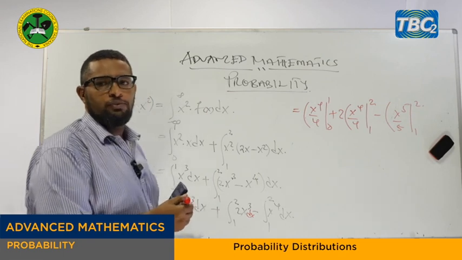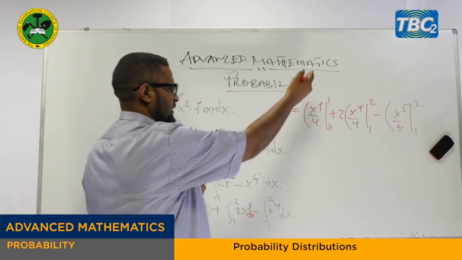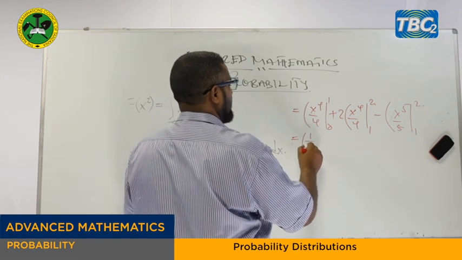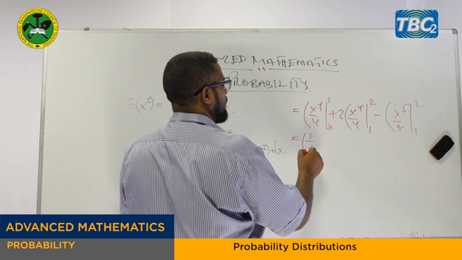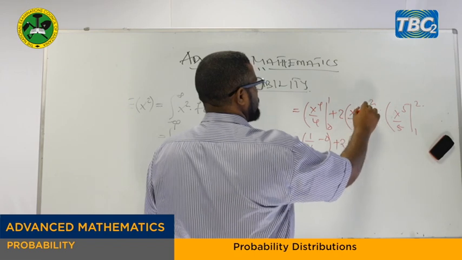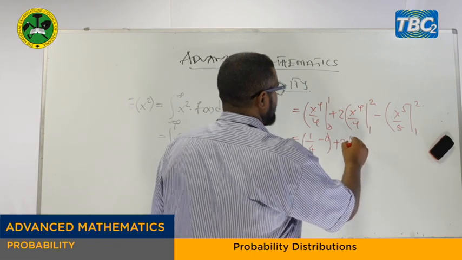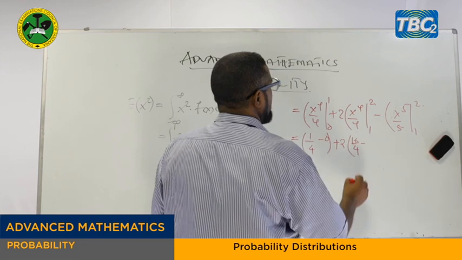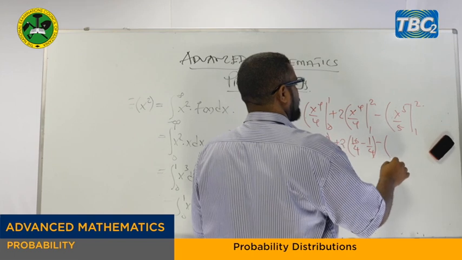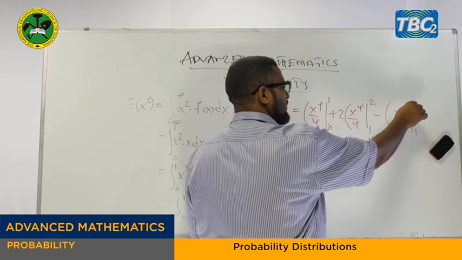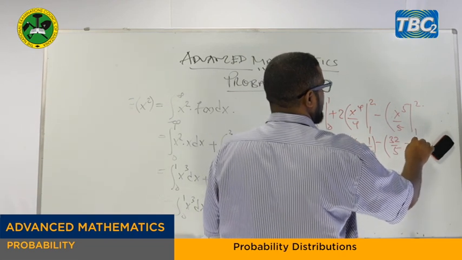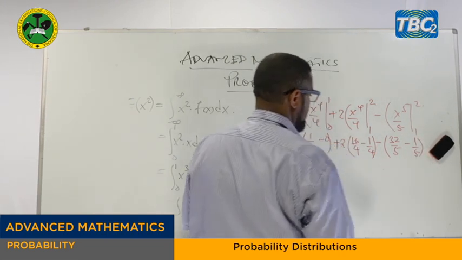Now it's time to do substitution of the limit. So it is from 1, it will be 1 over 4 minus 0 plus 2. When you take 2 power 4 it is 16, so it is 16 over 4 minus 1 over 4. Minus the last one, our value is 2, so 2 power 5 is 32 over 5 minus 1 over 5.